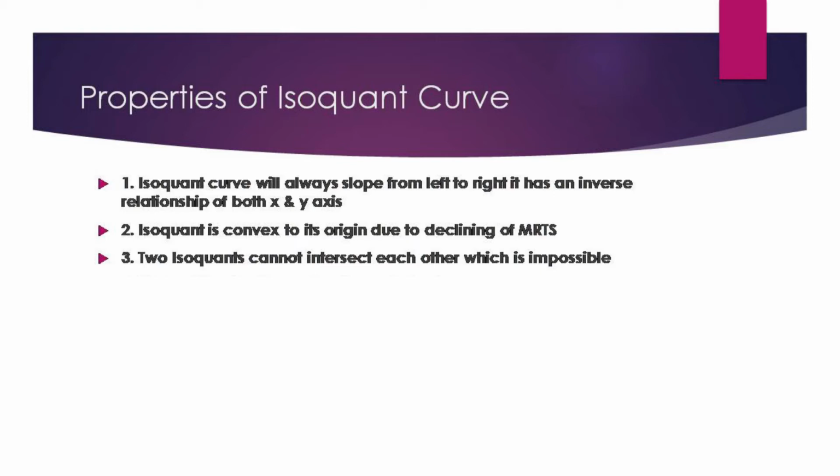When one gives you a higher level of satisfaction, the other can give you, but not to the same extent, it will be lower. So the two isoquant curves cannot touch or intersect each other. It is highly impossible, as both cannot give you the same level of satisfaction.